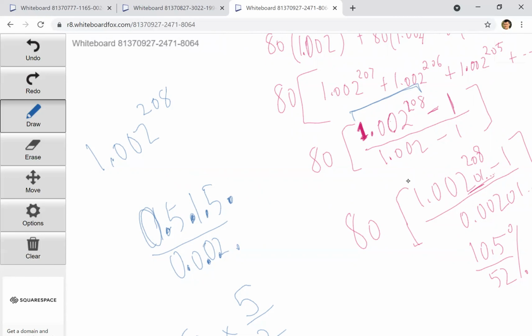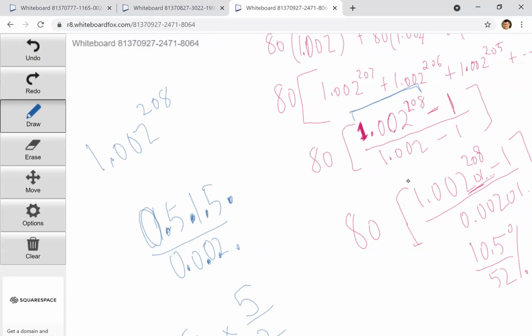Well, if it's less than 2, when you minus 1, it's less than 1. When you divide it by 1 in 500, it's going to be less than 500.